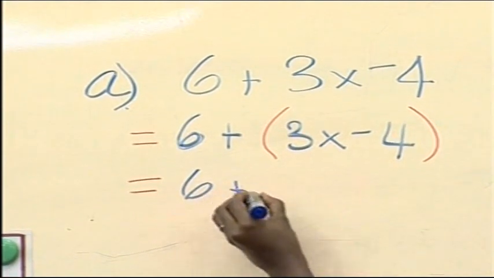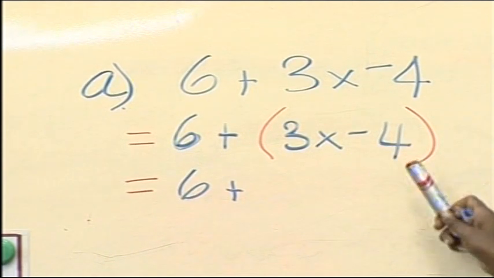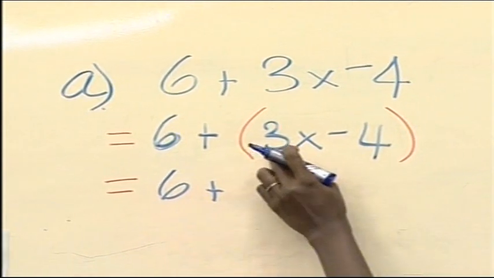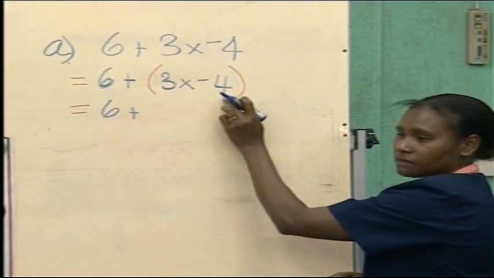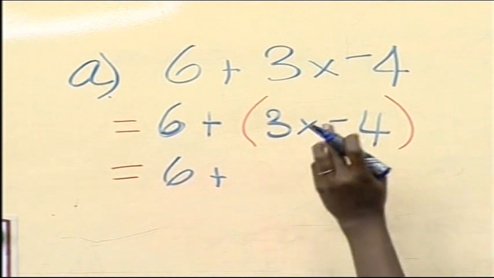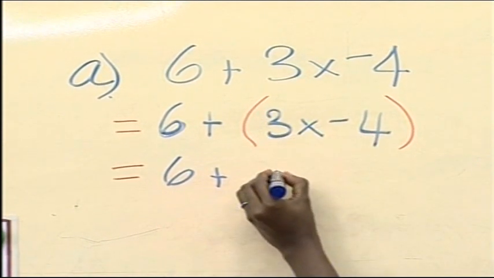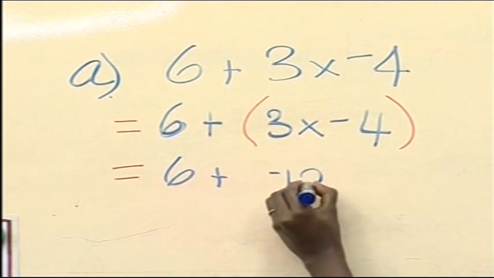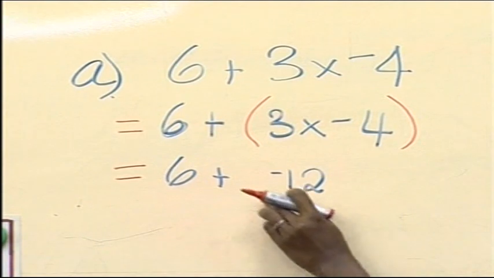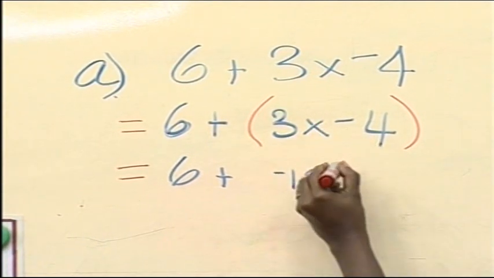Six plus positive 3 times negative 4. What would be your answer? Positive 3 times negative 4. Negative 12. Don't forget, different signs, a negative result. Okay, remember that is the result or answer from this problem up here.